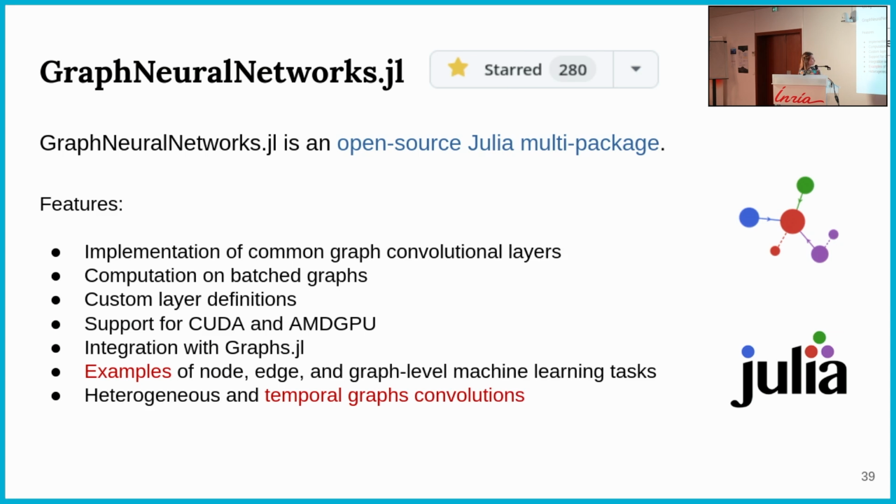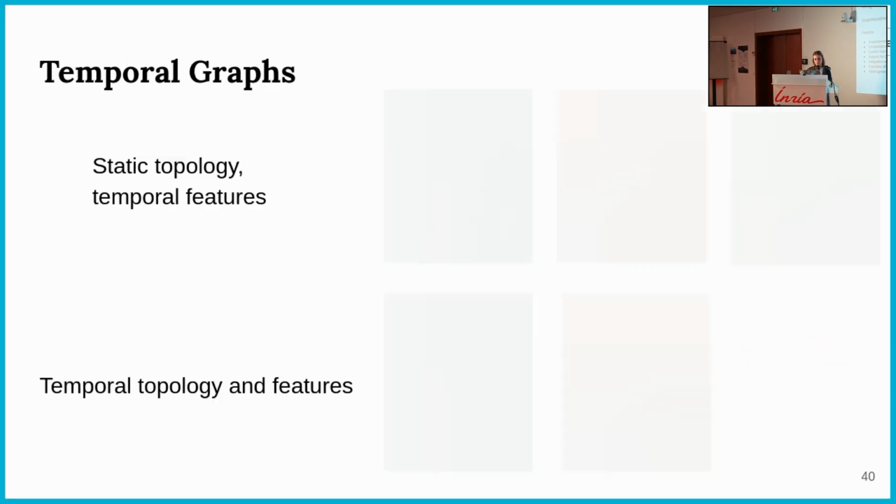It supports CUDA and AMD GPUs. It integrates with the Graphs.jl package. It contains several examples of node, edge, and graph level machine learning tasks. And it also contains heterogeneous and temporal graph convolution. I mainly contribute to the last two features, the temporal graph convolution and the examples.